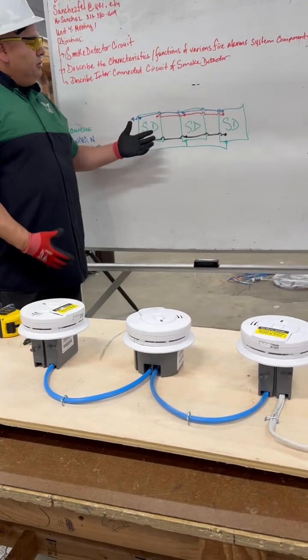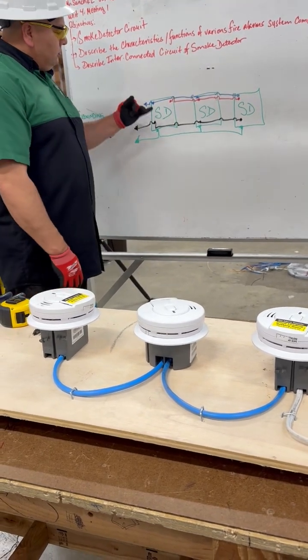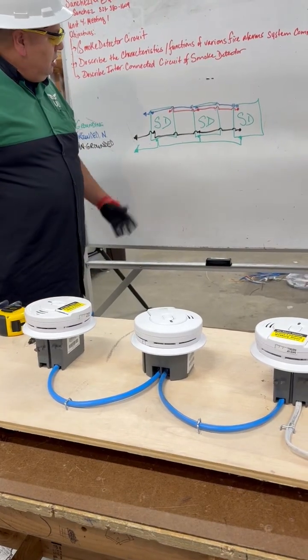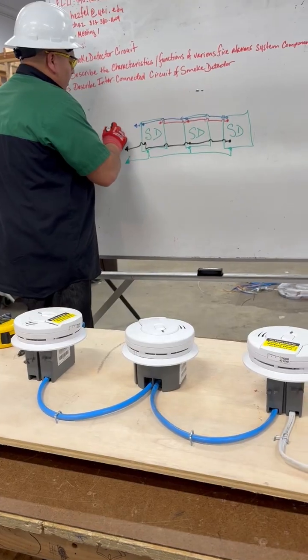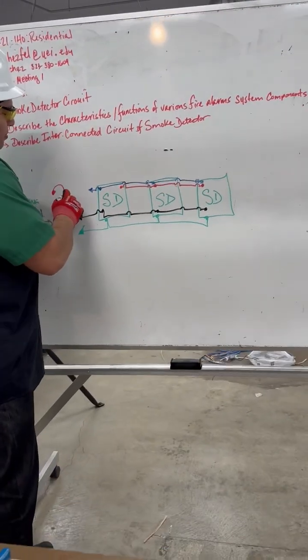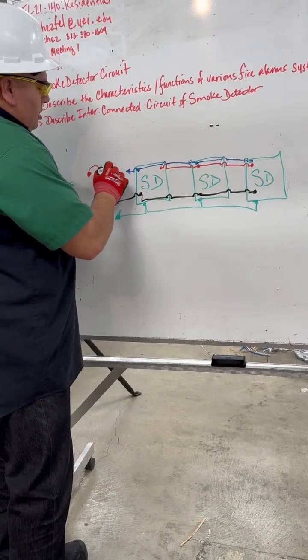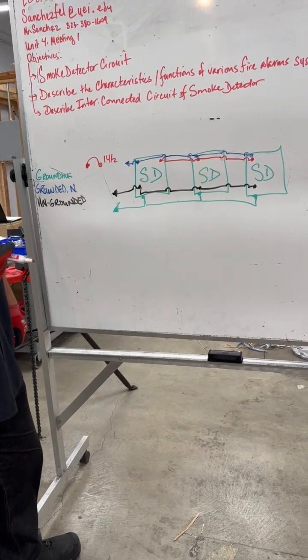So here I got the simple circuit drawn out, got 3 smoke detectors. I got my first incoming line, which should be what? Again, we're gonna have that dedicated circuit breaker, bringing in that 14-2 cable. 14-2 cable, I'm going to use that non-metallic.